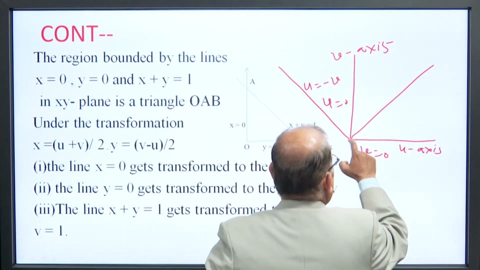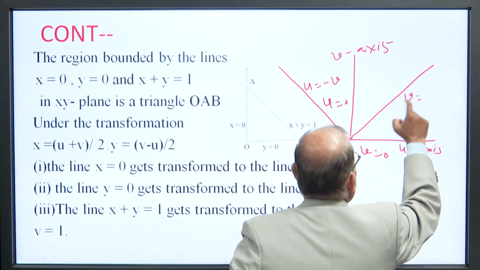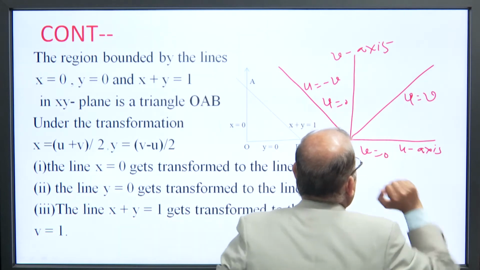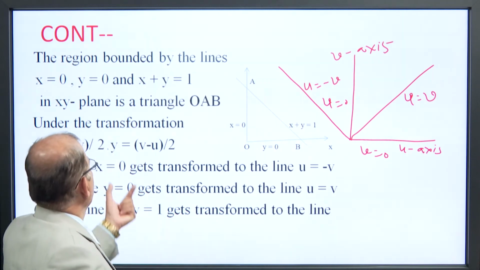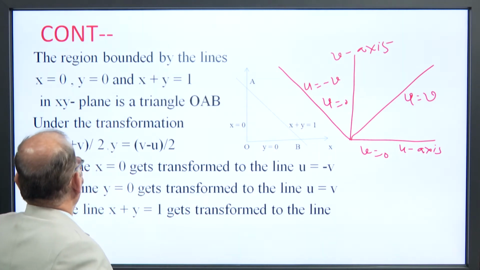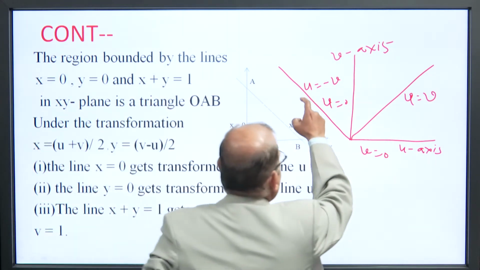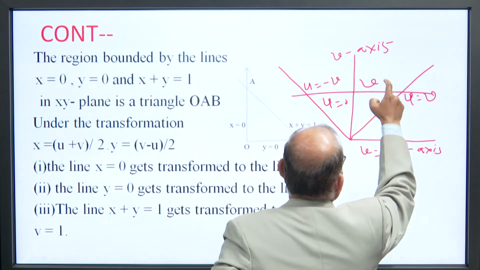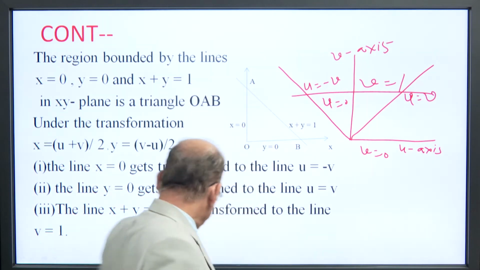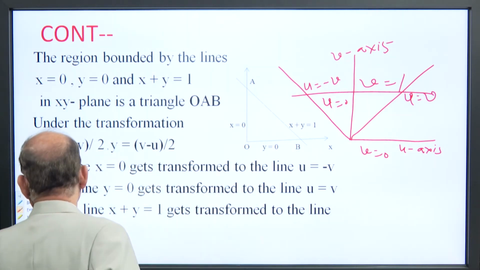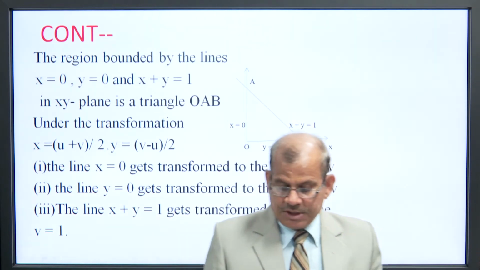And x plus y is equal to 1 transforms to v is equal to 1. This v is equal to 1 line gets transformed to the line shown.